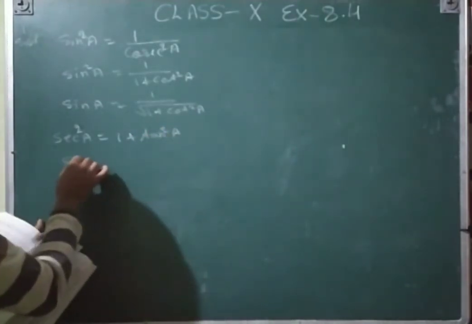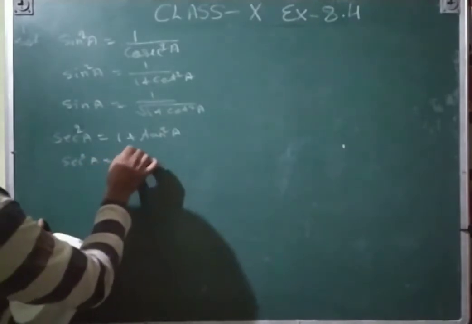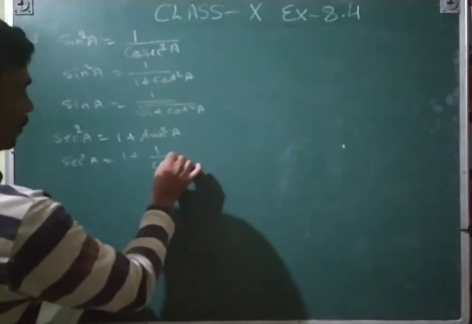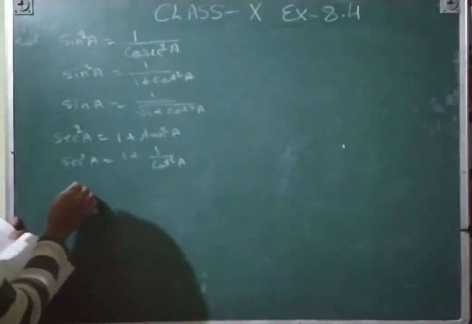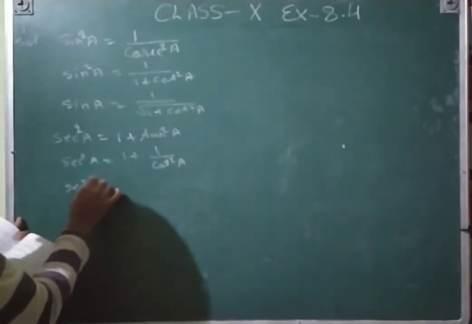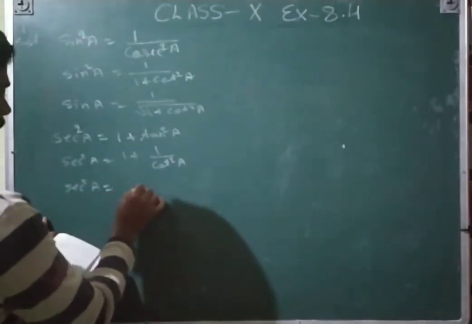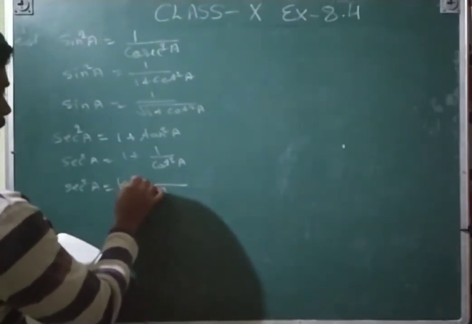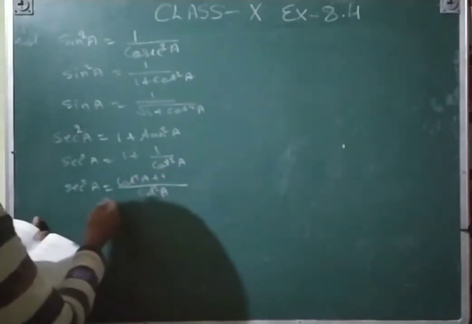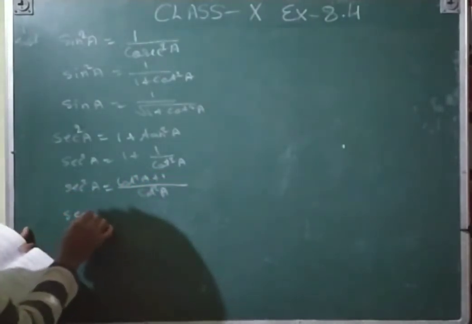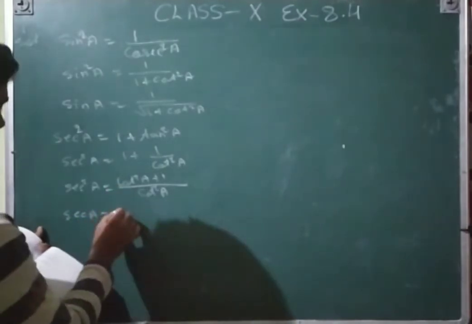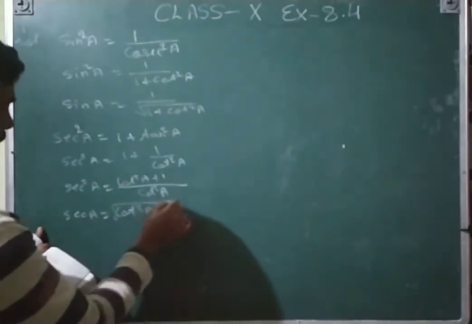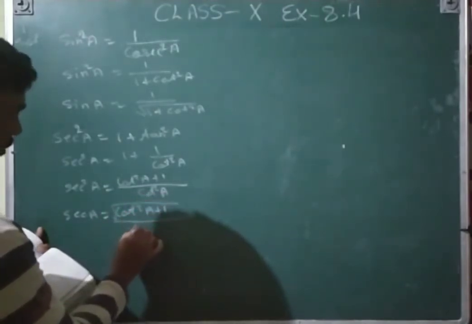And then sec square A is equal to 1 plus tan square A, and tan A is equal to 1 upon cot A. So sec square A is equal to, taking the LCM cot square A, cot square A plus 1 upon cot square A. Taking the square root, sec A is equal to under root cot square A plus 1 upon cot A.